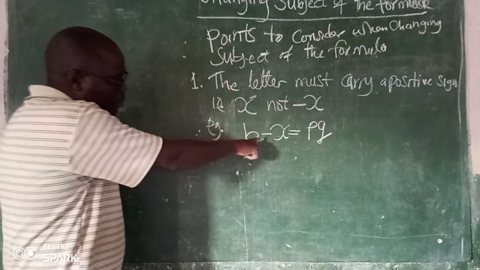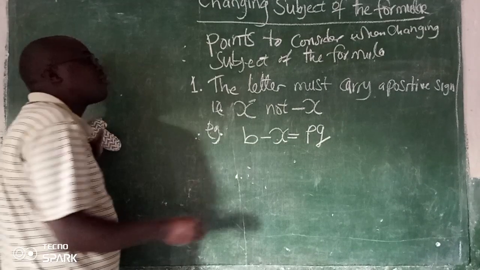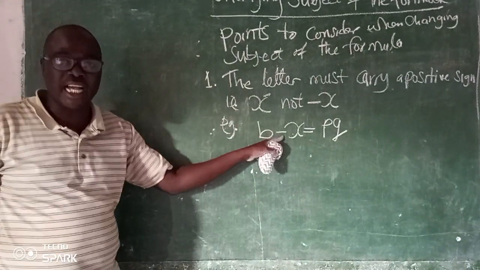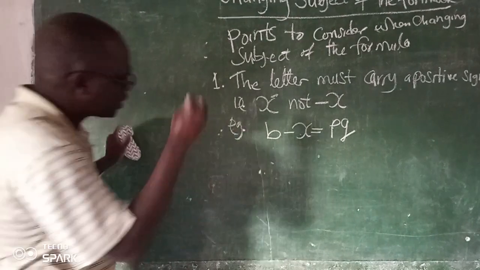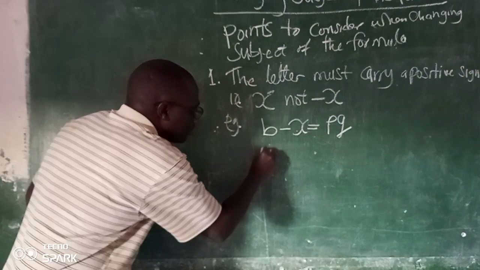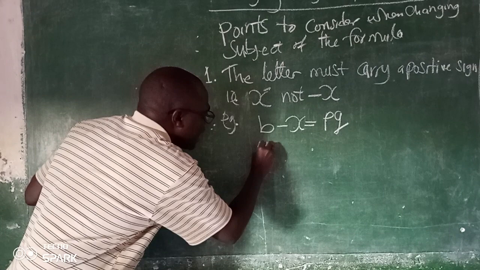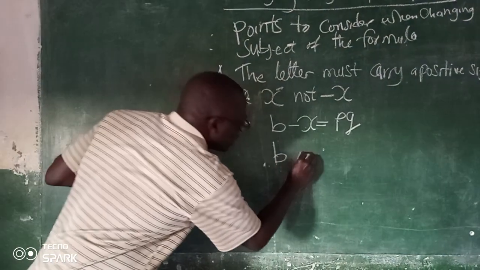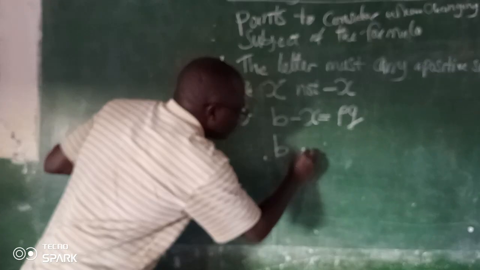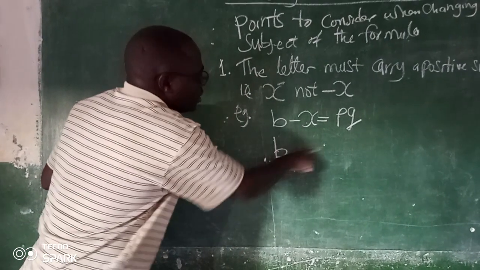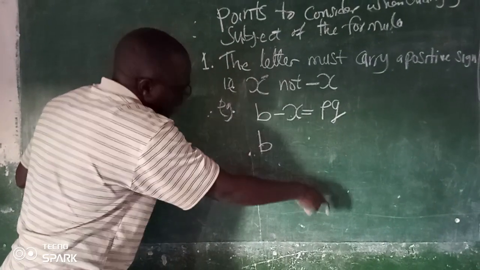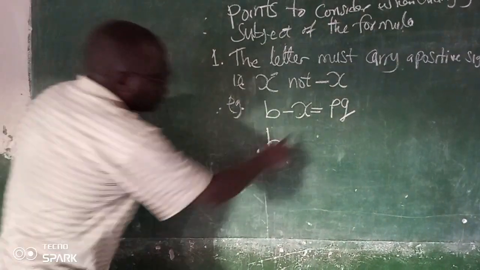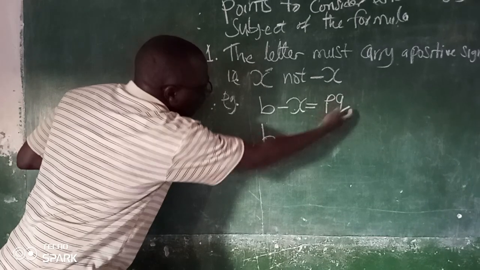So we must make sure that the X we have been asked to make subject of the formula carries a positive sign. So what are we going to do? We will write B is equal to PQ. This X will go to this side, and PQ will move to the other side of the equation, so positive PQ will come to this side.